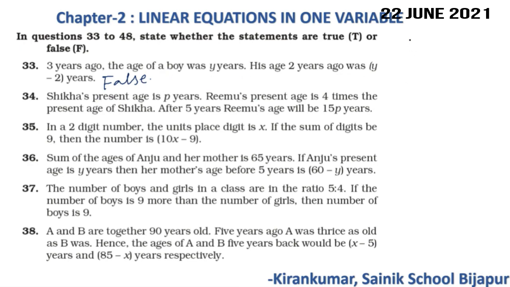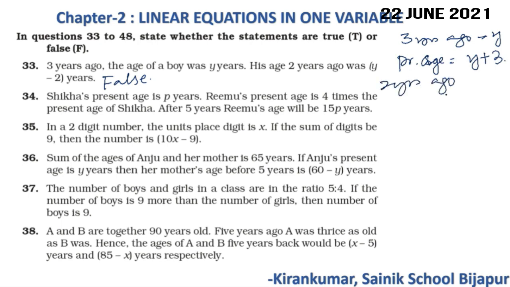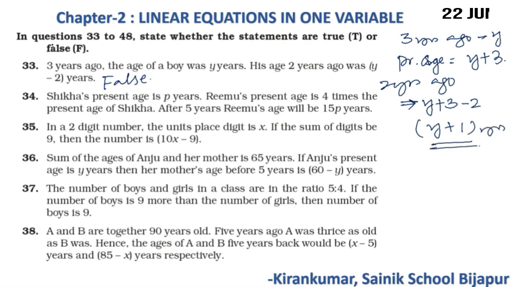The reason is, 3 years ago, if I consider the age of the boy as y years, the present age will be y plus 3. So 2 years ago, his age will be y plus 3 minus 2, which is y plus 1 years. Therefore, the given statement is a false statement.